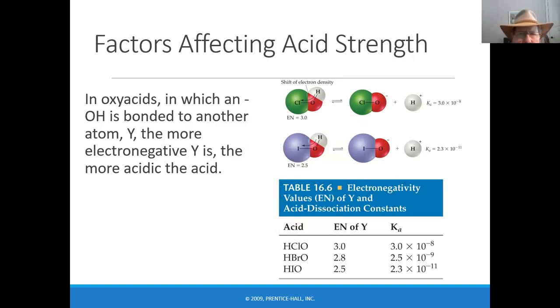Because of that, the oxygen has less of a negative charge. If it has less of a negative charge, it can release its hydrogen more easily. Did that come through, Ethan? Yes.